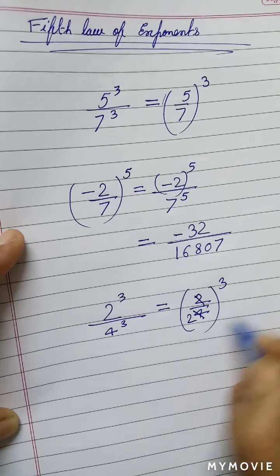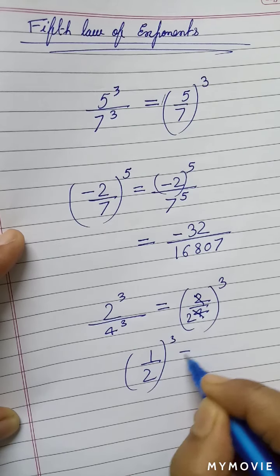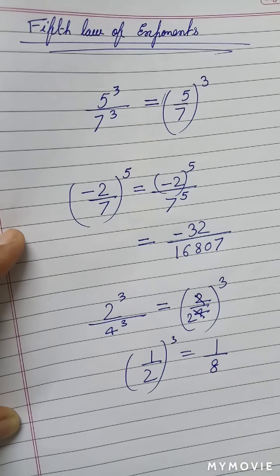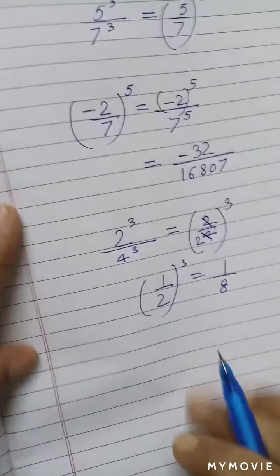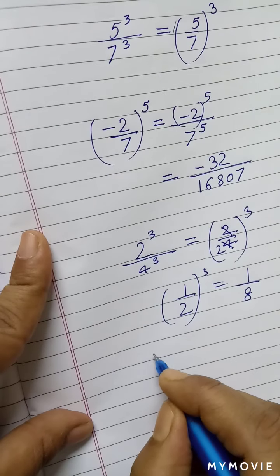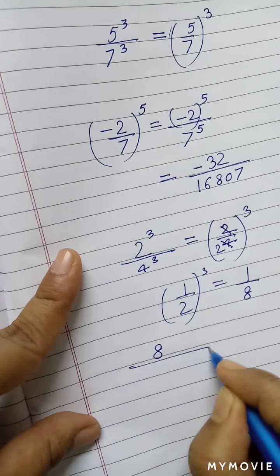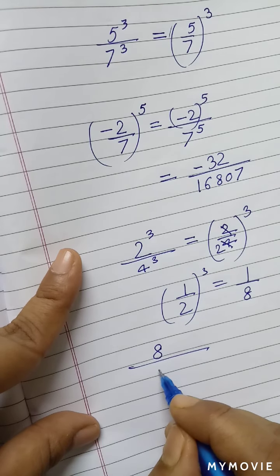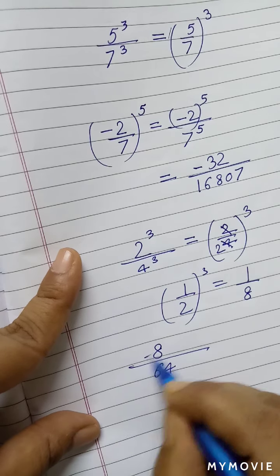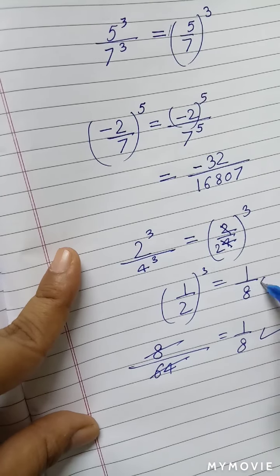This will become 1 by 2 raised to the power 3, which is actually 1 by 8. So it was easy. Even otherwise, if you have solved it without using this law, it would be 2 raised to the power 3 is 8 and 4 raised to the power 3 is 64. See, they are the same.